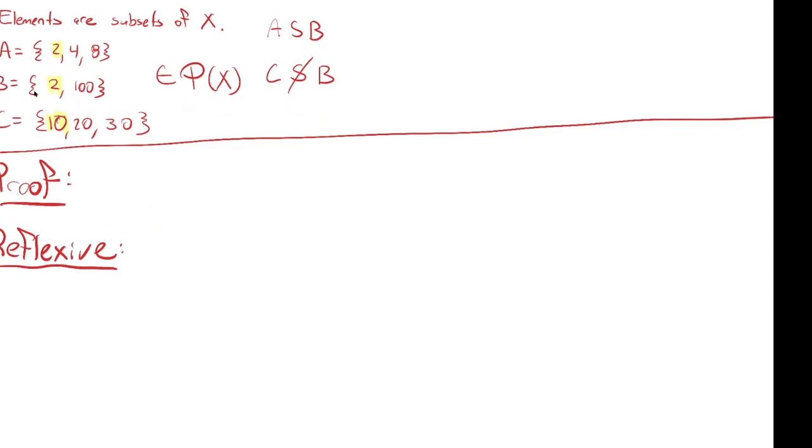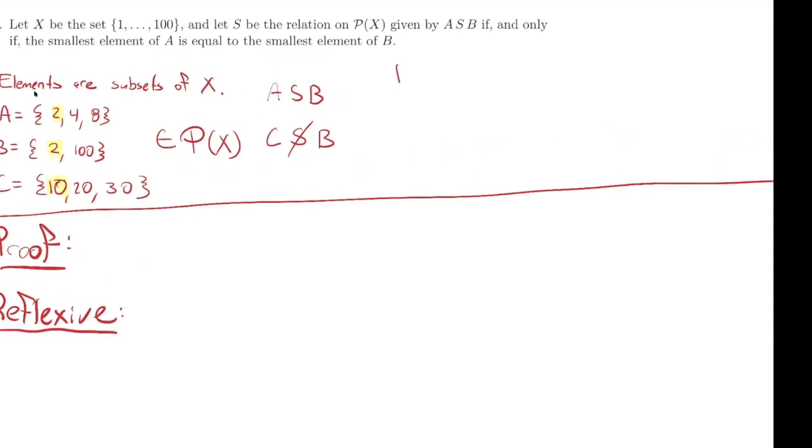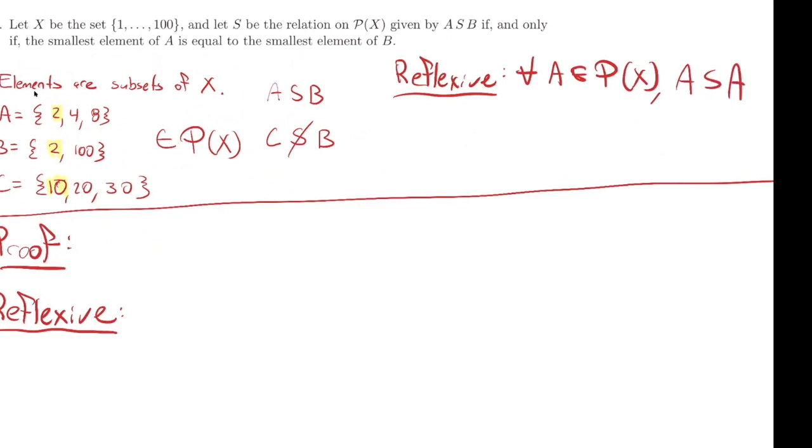The reflexive, which is a for all statement. So in order to prove reflexive, we would say for any element in our set, and in this case, the power set of X, is the set related to itself.